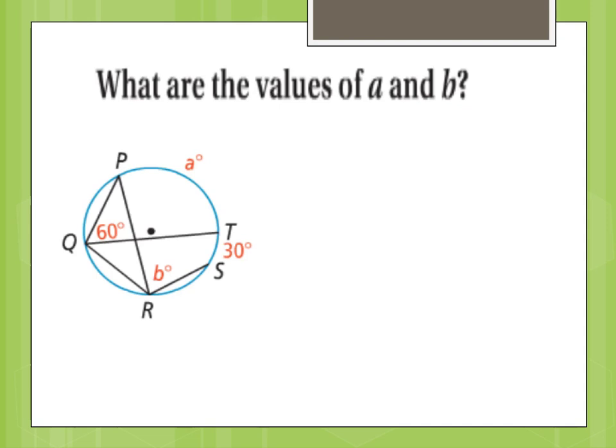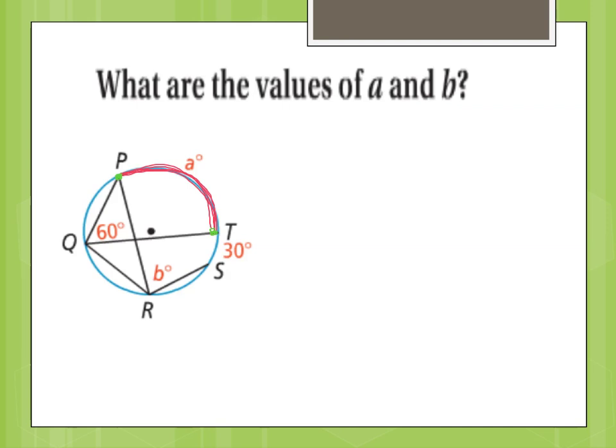So let's use that, shall we? When you're looking at this picture, you should always trace out, what do I have, what am I looking for? So one thing I'm going to trace out first is this arc right here. A is an arc I am looking for. Once I have the arc, now I'm going to trace out the angle that goes with that arc, starting at the endpoints of the arc.